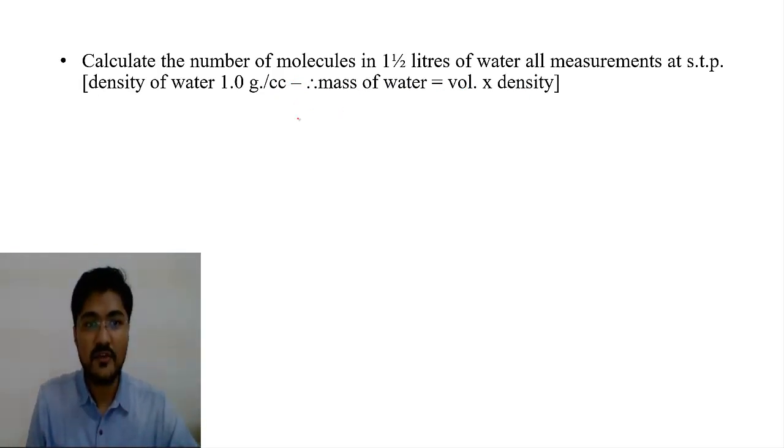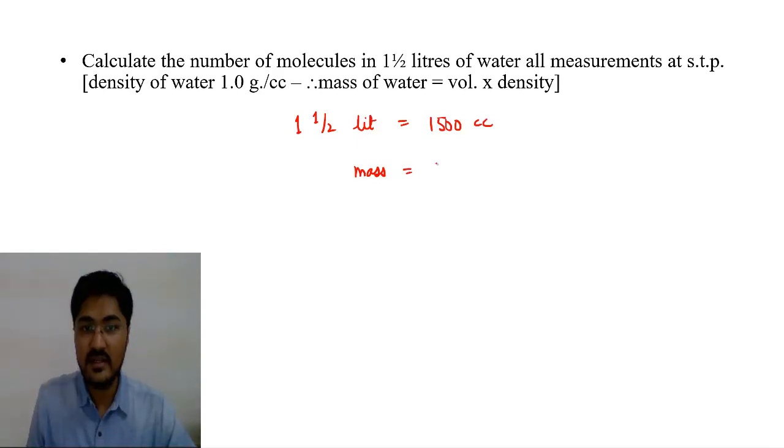With this logic, 1.5 liter will be 1500 cc. Density of water is 1 gram per cc, so the mass of water is 1500 grams. So here we get the mass of water, and now we are supposed to find the number of molecules.